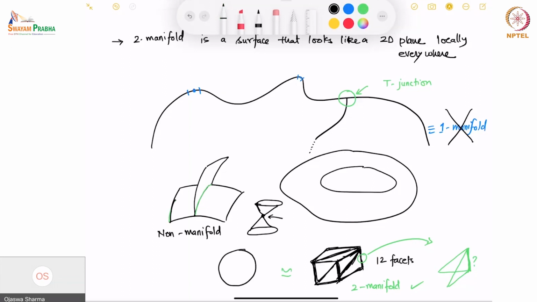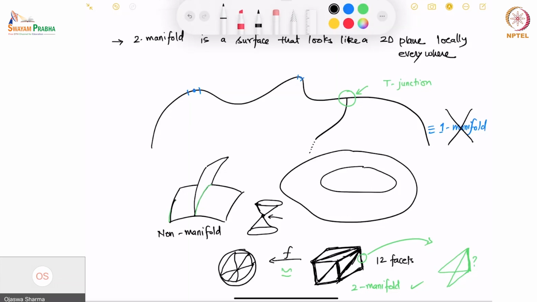And I could, by some transformation, by some mapping F, transform this cube into a sphere that has this sort of connection. Let's say there are these 12 facets around, and then you would say that yes, now it looks like a manifold because then these creases are gone or at least minimized.